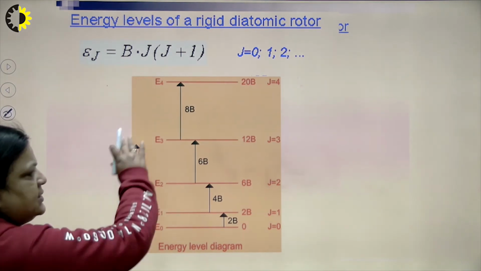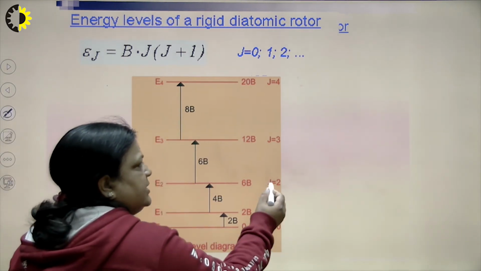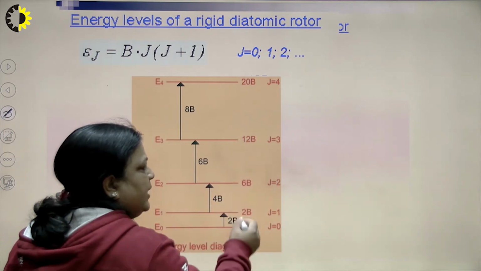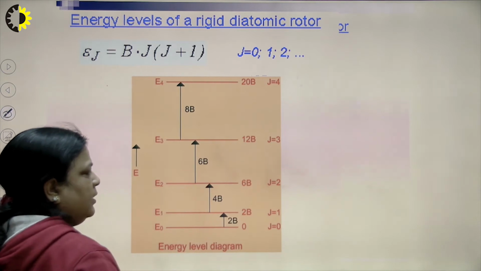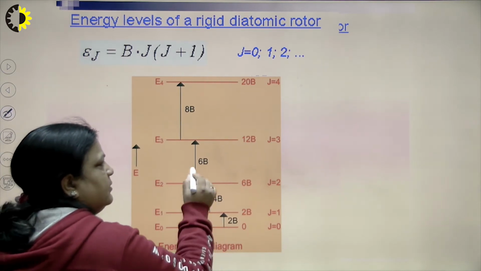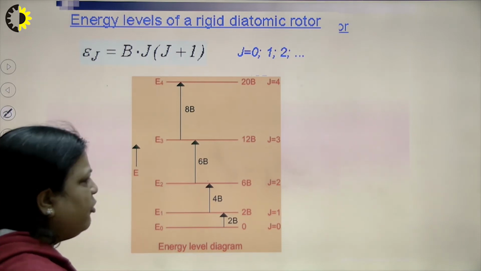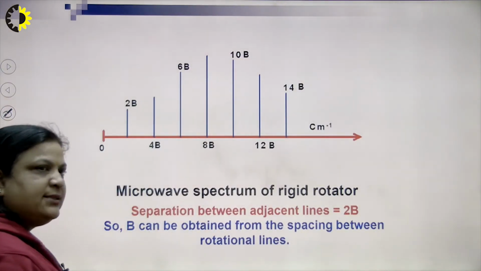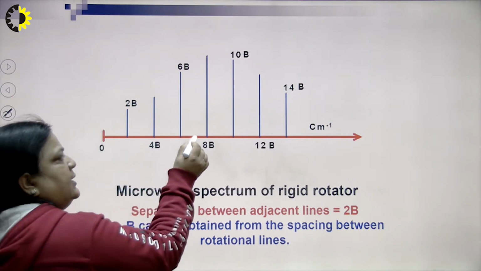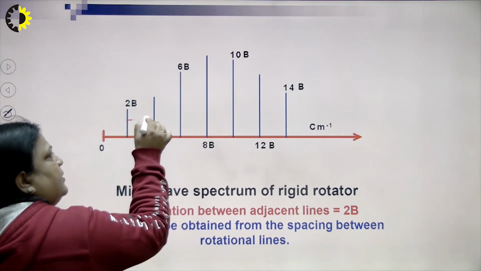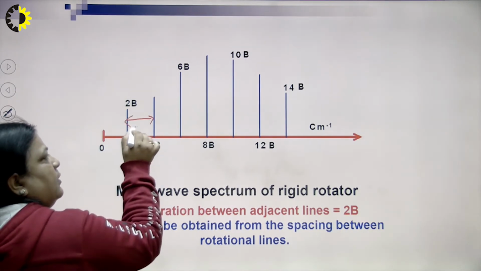This is a simple energy level diagram: J0, J1, J2, J3, and if we want to calculate energy, it is 0, 2B, 6B, 12B, 20B, and this is the energy required for transition. But if we calculate the spacing between J0, J1, J2, J3, J4, the spacing between two lines will be 2B.